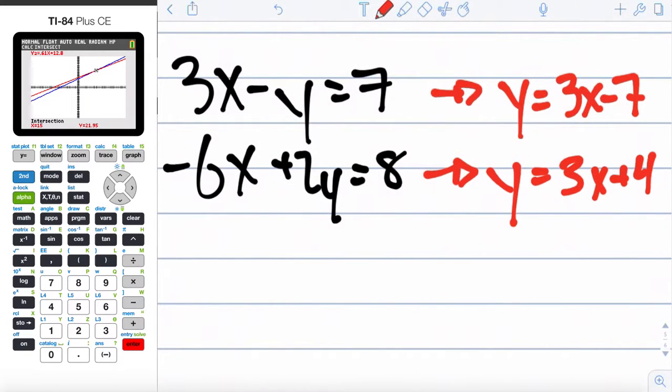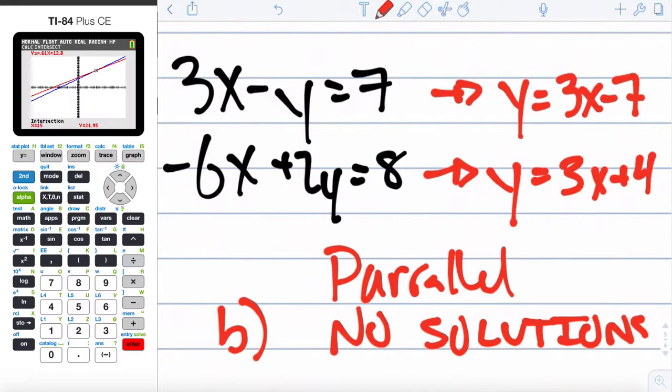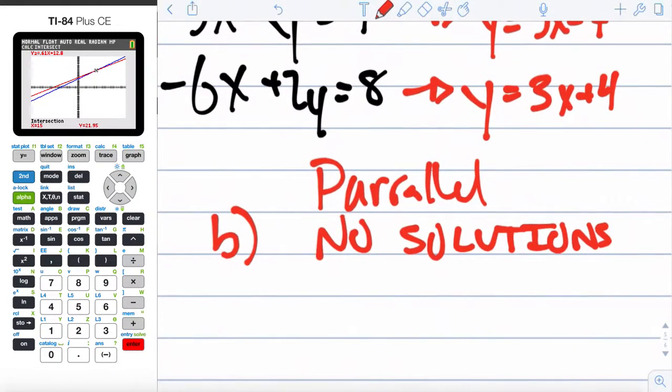All right, so the same slope, different y-intercepts means they're parallel. So parallel lines would be option B, which means there are no solutions because they don't cross. No solutions, and then it's inconsistent because it has no solutions.